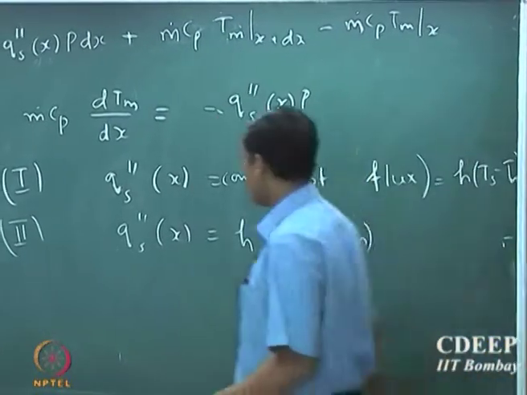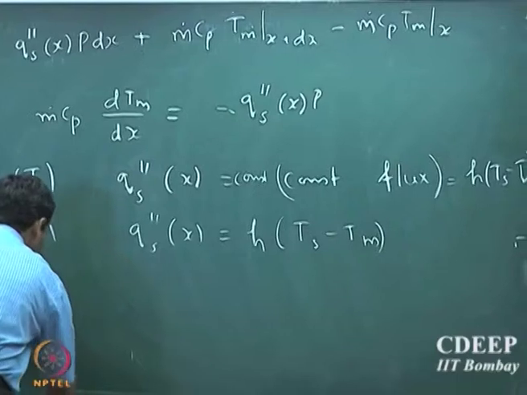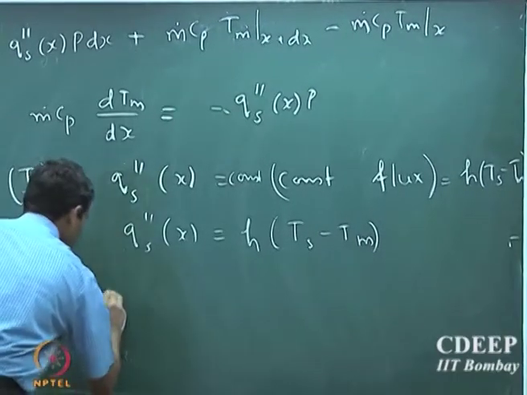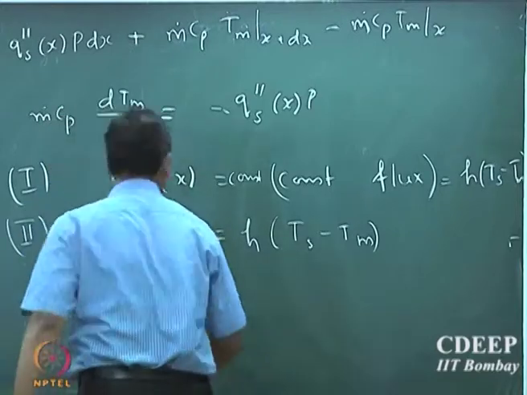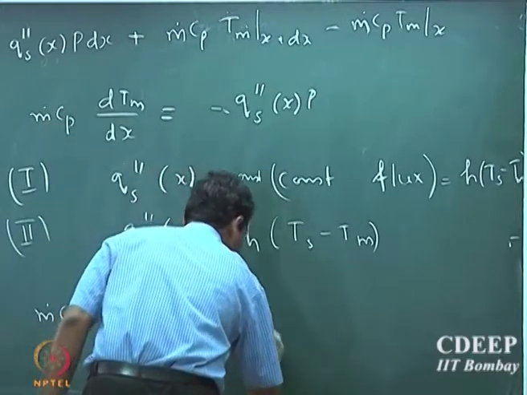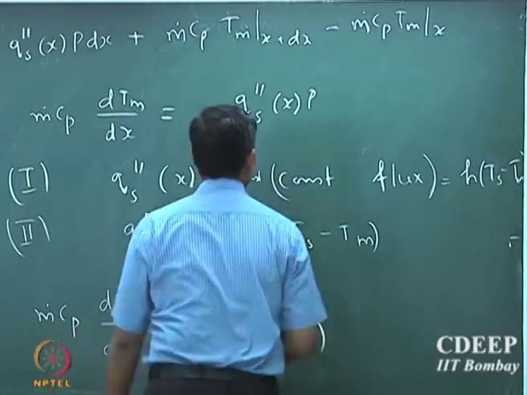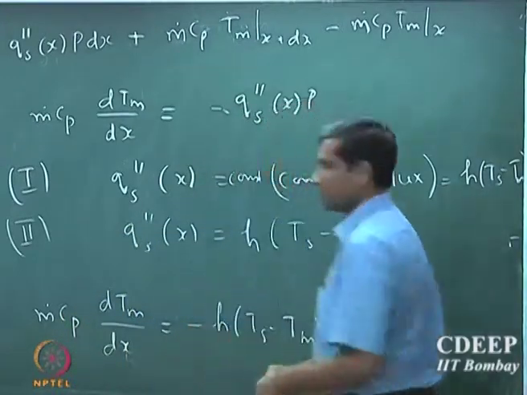So I can plug that in. So that will be m dot Cp into dTm by dx, that's equal to h into Ts minus Tm into P.